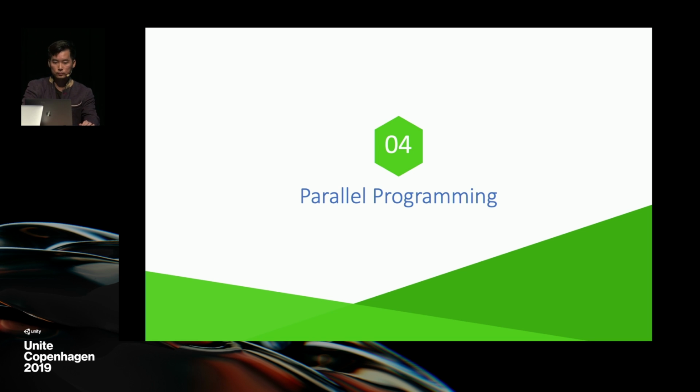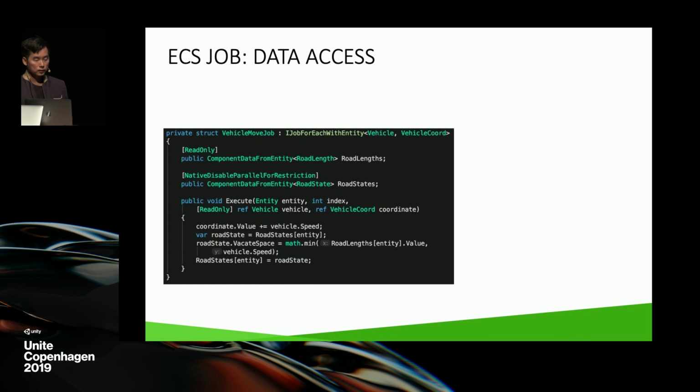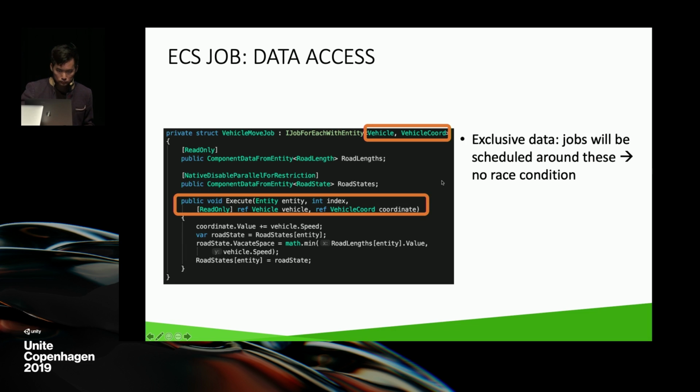Now I move to generic parallel programming. So let's look at this sample code again. We talk about data access here. In this setup, you have a Unity ECS job that iterates on every entity with these 2 components, vehicle and vehicle coordinate.